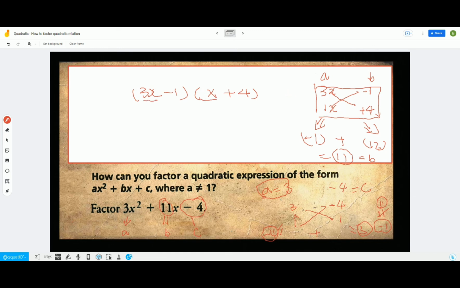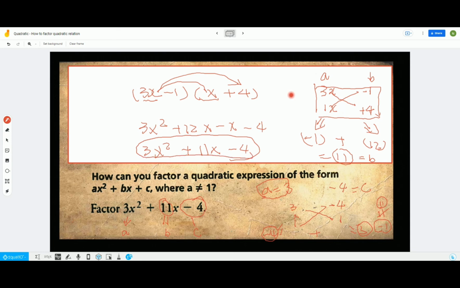So 3x times x equals 3x squared, and 3x times 4 equals 12x, and negative 1 times x equals negative x, negative 1 times 4 equals negative 4. So 3x squared, keep it. So 12x minus x is 11x, and minus 4. So we expand the factor form. Okay, we get back to the original expanding form.